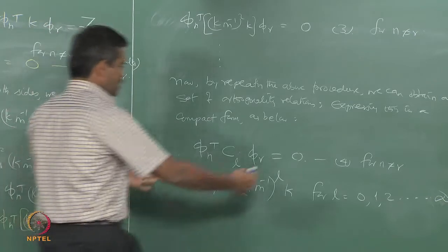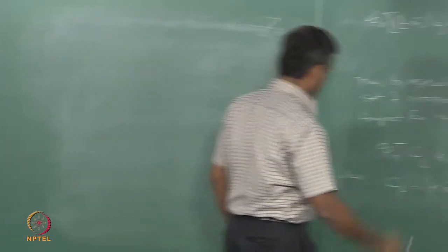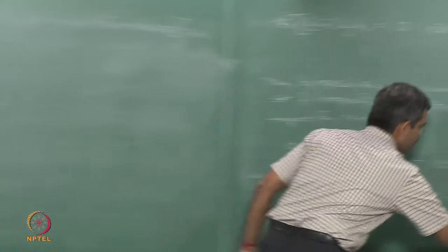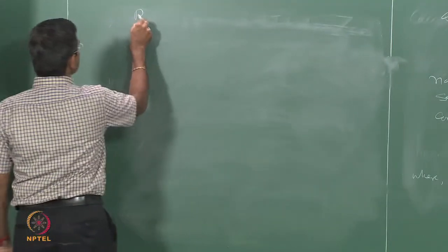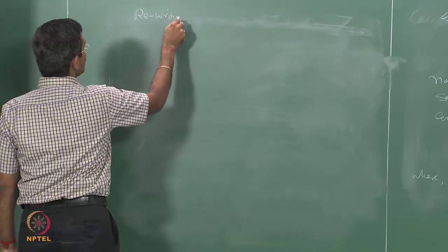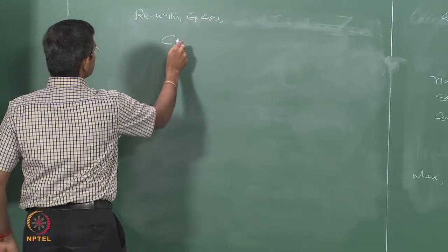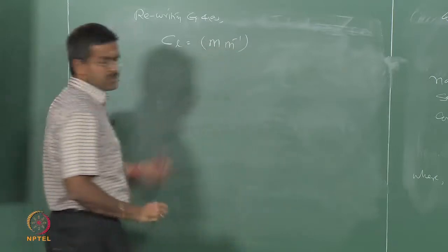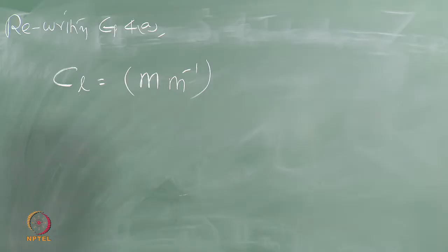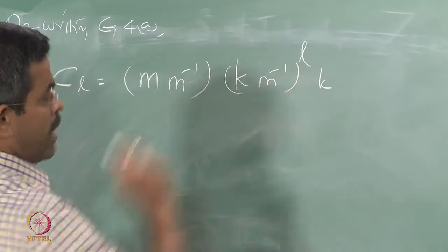Let us rewrite C L slightly in a different manner. I will call this equation 4a. Rewriting equation 4a, C L is equal to m inverse, because it does not matter, it is identity, k m inverse L k.